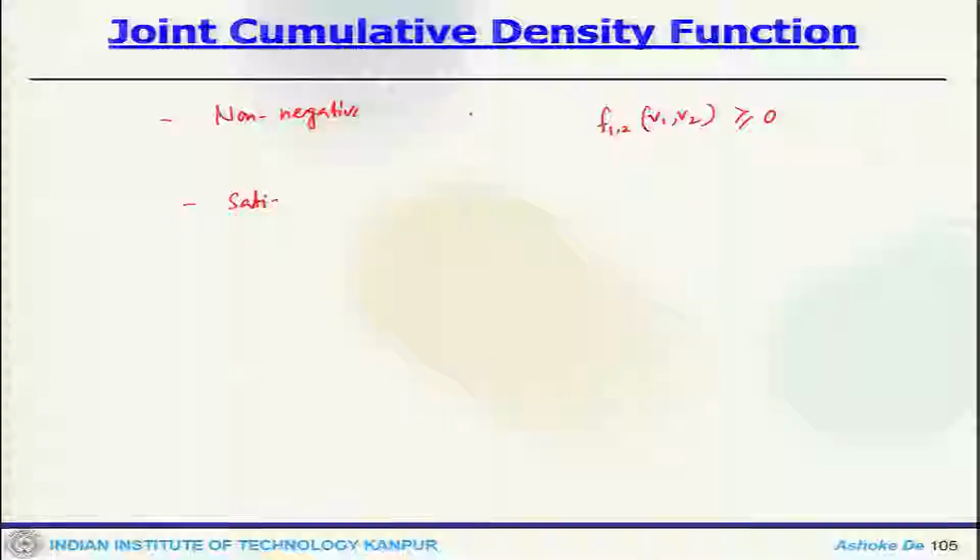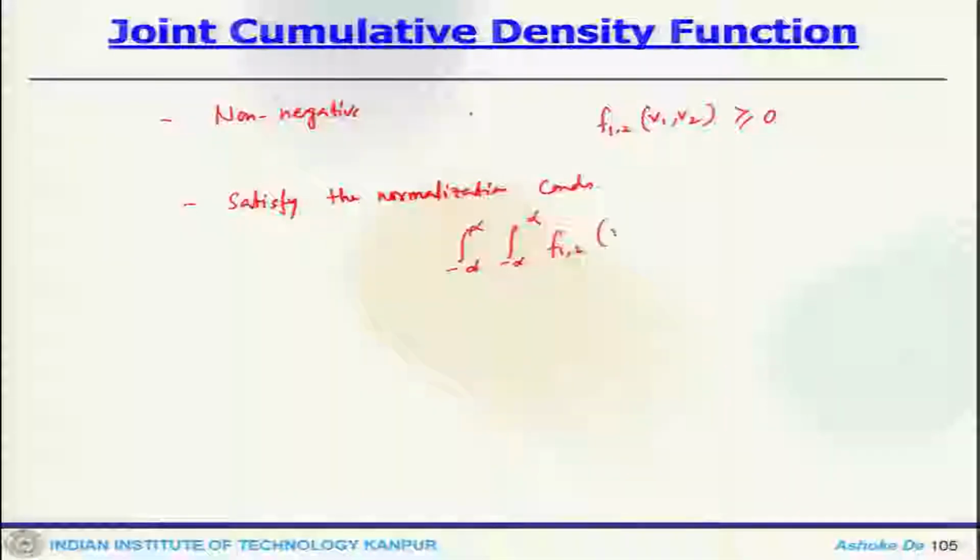It also satisfies the normalization condition: the integral from minus infinity to plus infinity of f12(V1, V2) dV2 dV1 is 1.